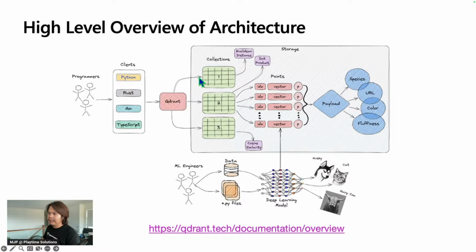So what this means is that as a developer, you might be interacting with Qdrant to store data, right? Or maybe you probably want to do search as well, hence there must be an arrow back towards the developers, right?